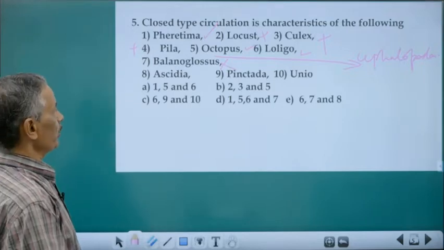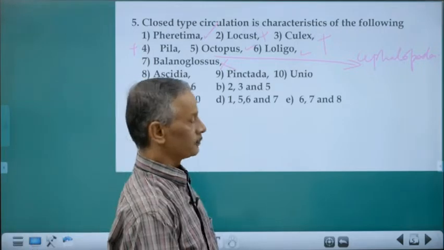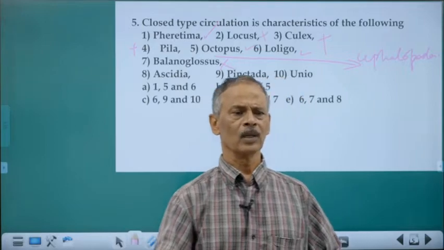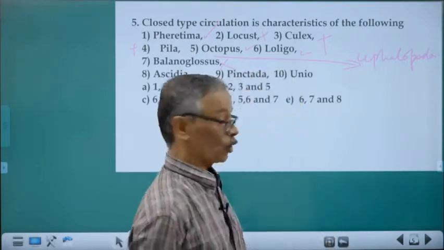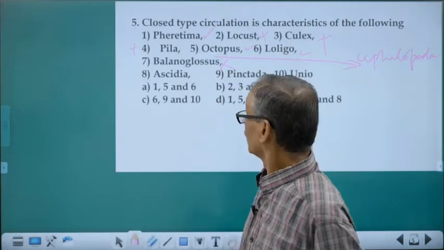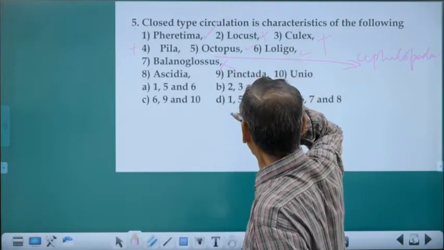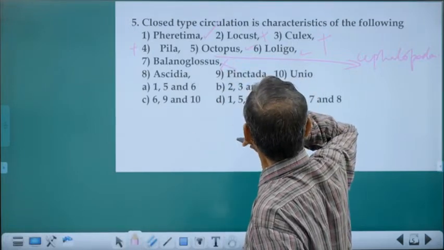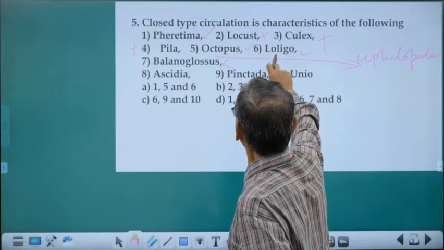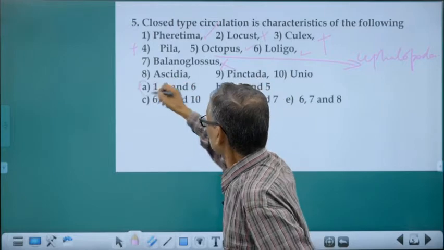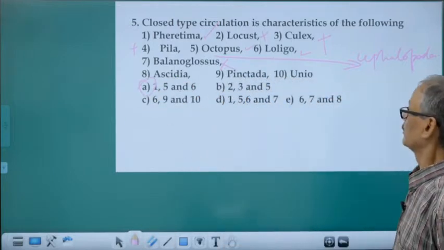In Hemichordata, we are having open type of blood vascular system. So, we are having 1, 5 and 6 left. Yes, 1, 5 and 6. So, the answer goes to apple.